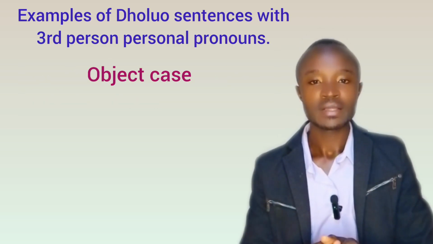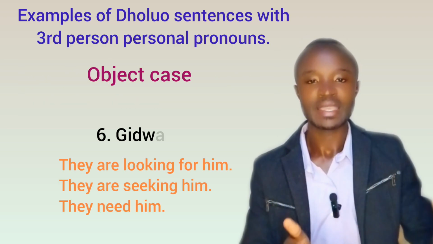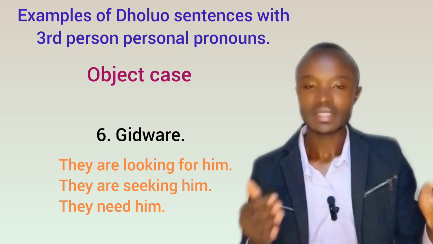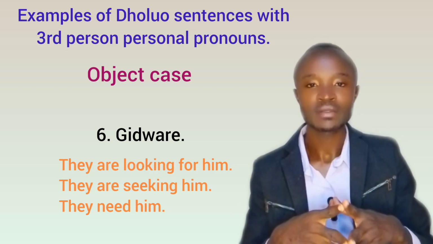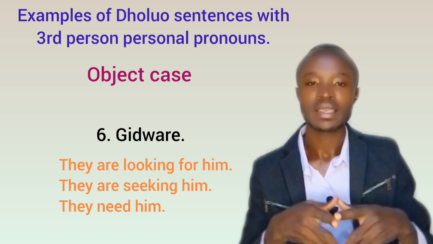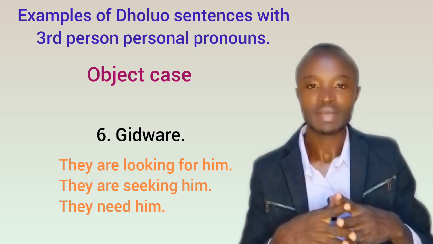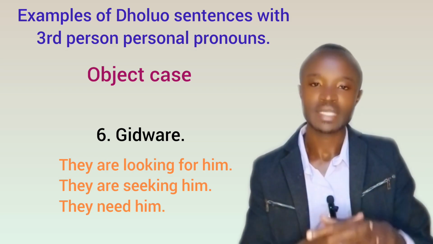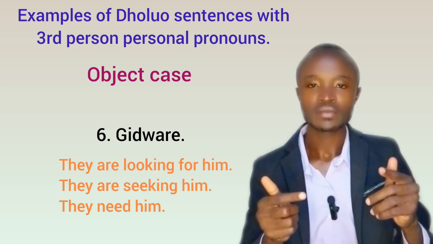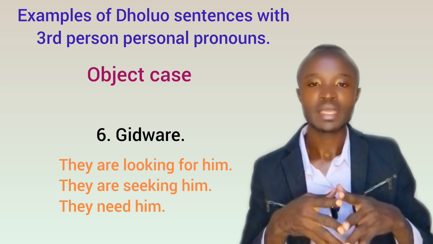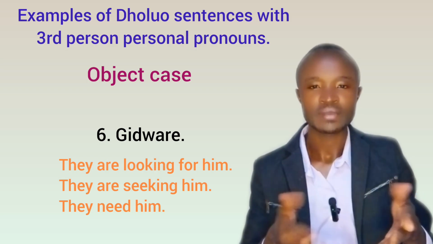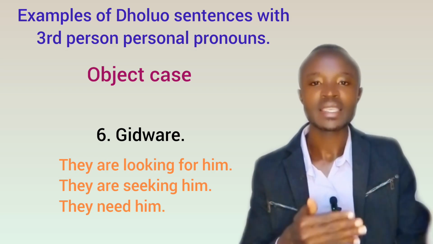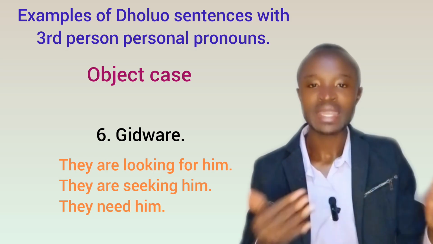Another example, gidware. Gi is the third person personal pronoun in the subject case, and e is the third person personal pronoun in the object case. And dwaro is a verb meaning seek. So they are seeking him. Gidware.